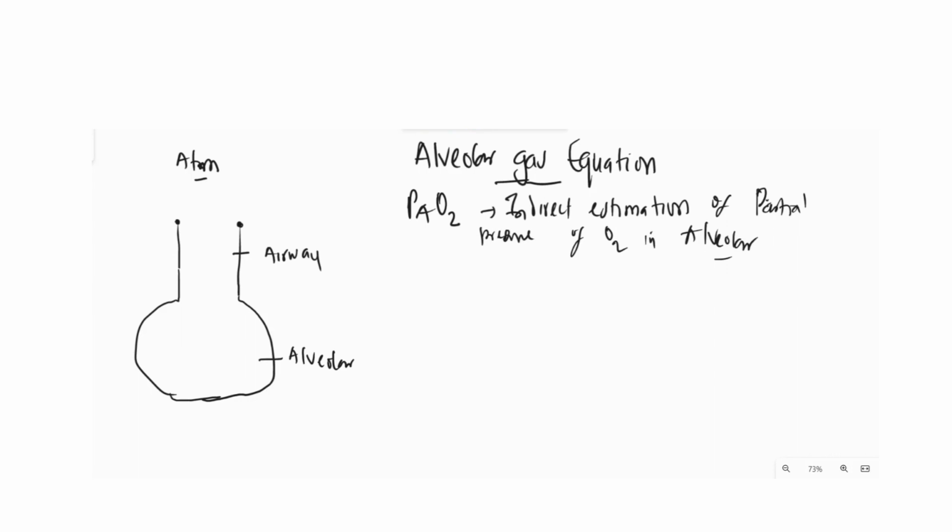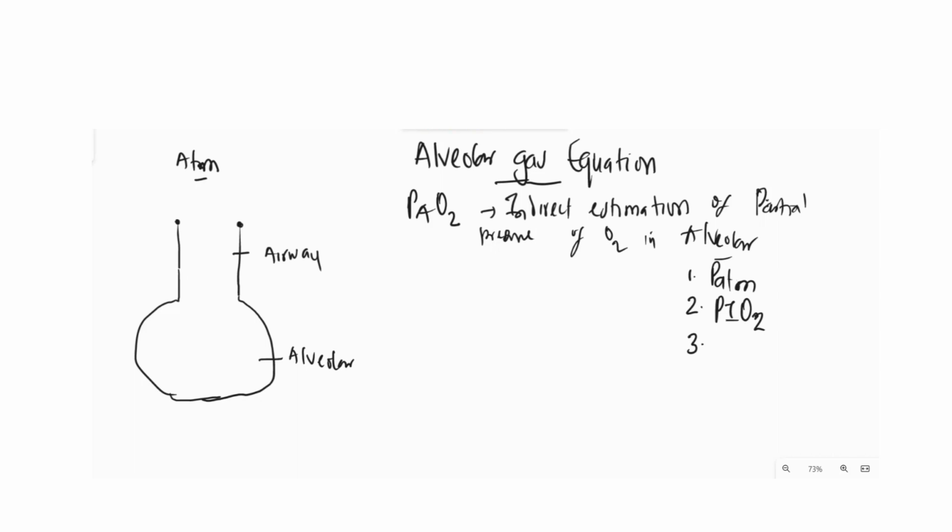There are a couple of parameters that help us to determine this partial pressure of oxygen in the alveolar. The first one is the atmospheric pressure, which some people refer to as barometric pressure. Second is PiO2, the partial pressure of oxygen in the inspired air.